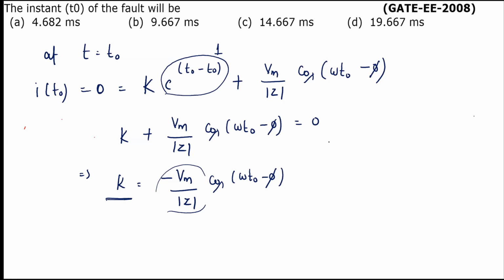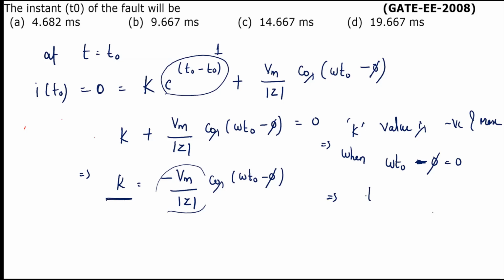So the condition is, K value is negative and maximum when omega t naught minus phi is equal to 0, which implies t naught is equal to phi divided by omega.